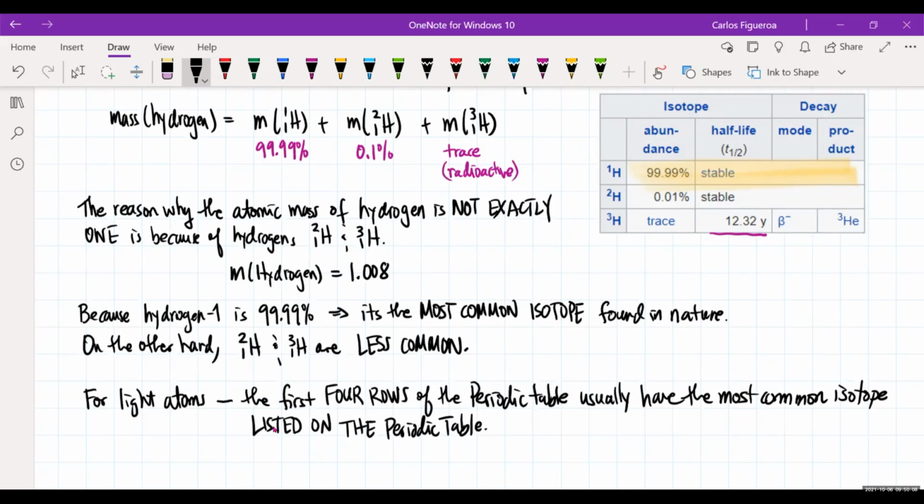So when you look at hydrogen, hydrogen 1 is closest to the one listed on the periodic table, and that's what you get. You find that that's the most common one. After row 4, it's much harder to predict what that is.